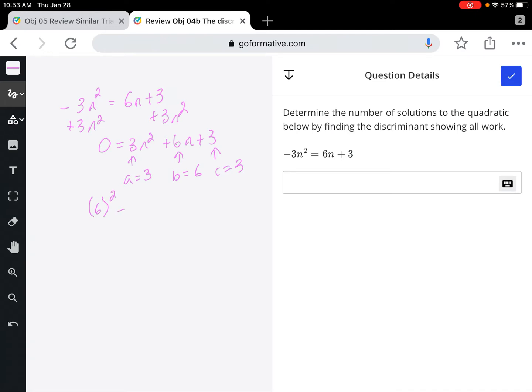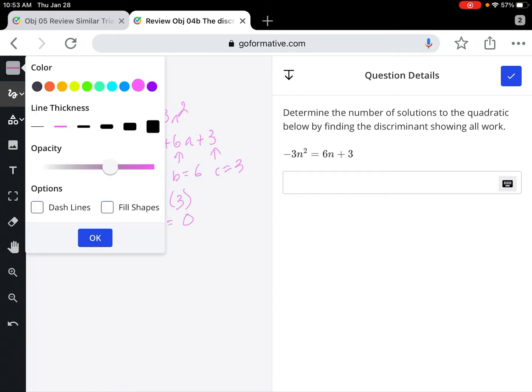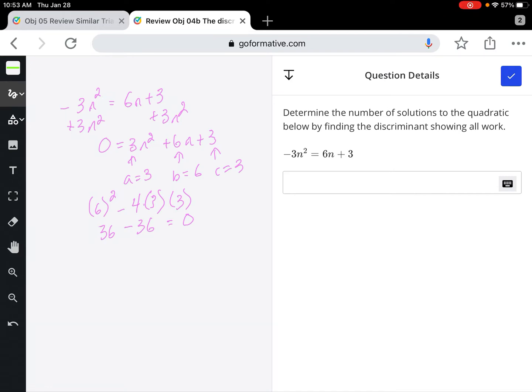So this would be, it's b squared, so it would be 6 squared minus 4 times 3 times 3, so that would be 36 minus, and then 4 times 3 times 3 is 36. This would be 0. If we did it the other way, so you had your negative 3n squared is equal to 6n plus 3.